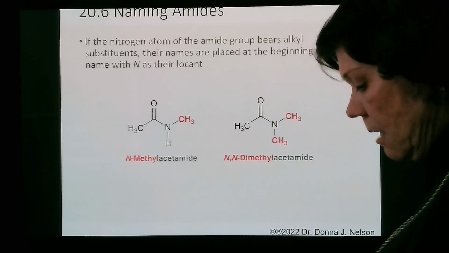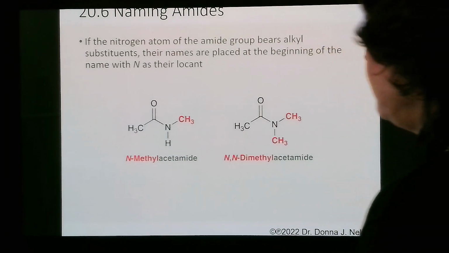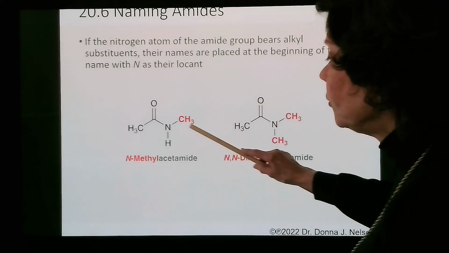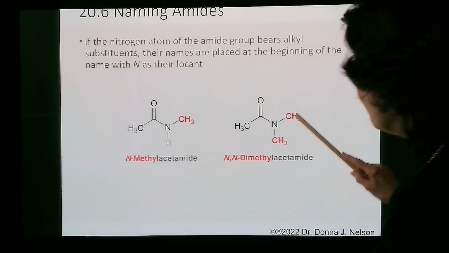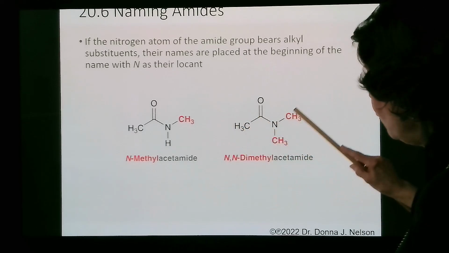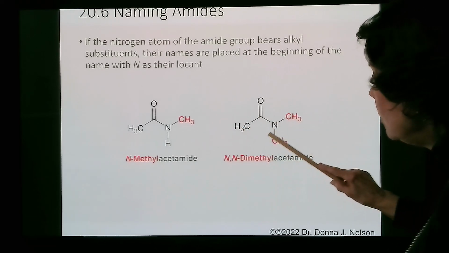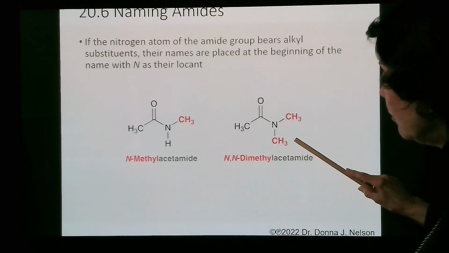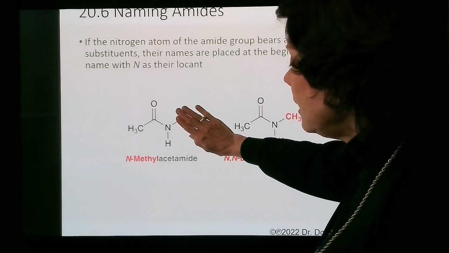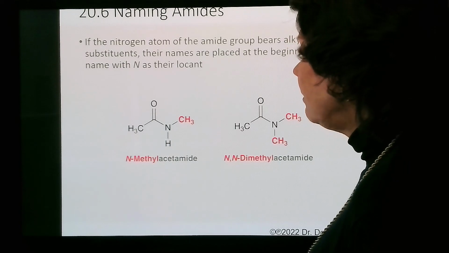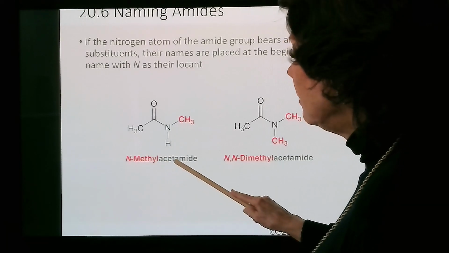More on naming amides. If the nitrogen of the amide group bears alkyl groups, like here the nitrogen is bearing one methyl group. Over here, the same molecule, except the nitrogen is bearing two methyl groups. Without the methyl, it would be acetamide. With this methyl, it will be N-methyl acetamide.